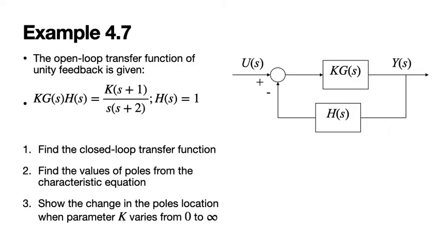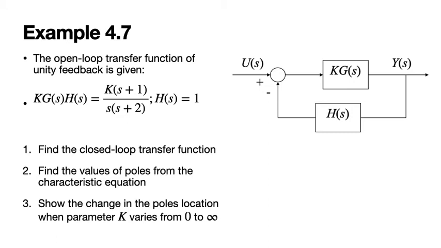For this open loop transfer function, find the closed loop transfer function and find the values of poles from the characteristic equation. Once we have the closed loop transfer function, we can have the characteristic equation and then show the change in pole location when parameter k varies from 0 to infinity.